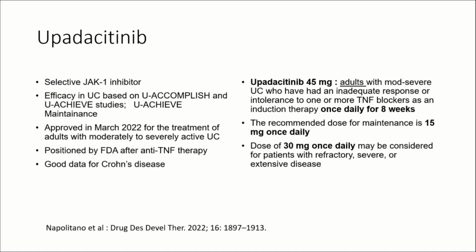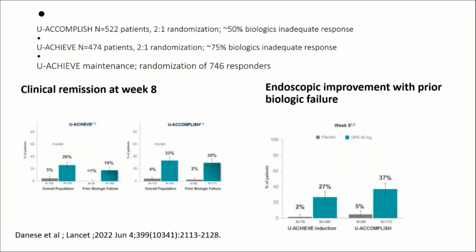The dose is around 45 milligrams in the beginning for 2 months, and then basically you give a maintenance dose of 15 milligrams, but you can actually use 30 milligrams daily if the patient has refractory severe or extensive disease. And that's the data again.